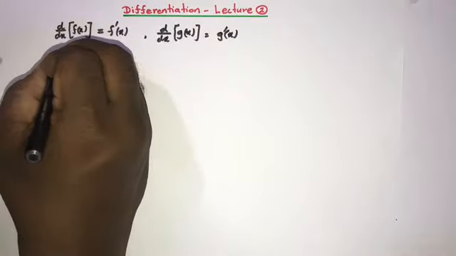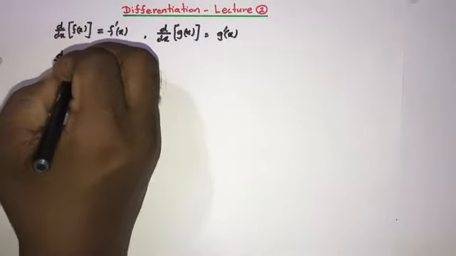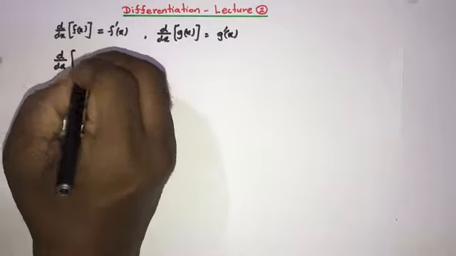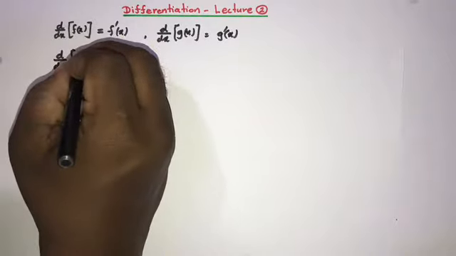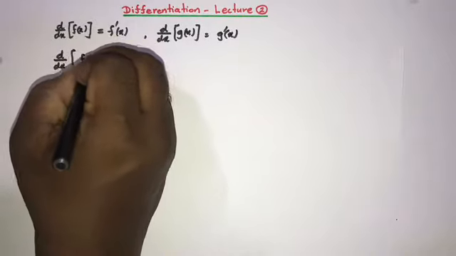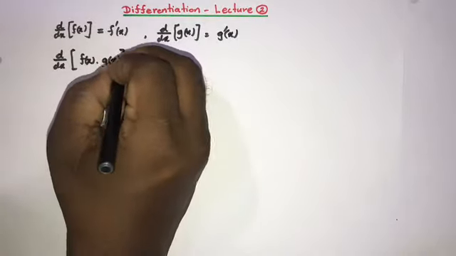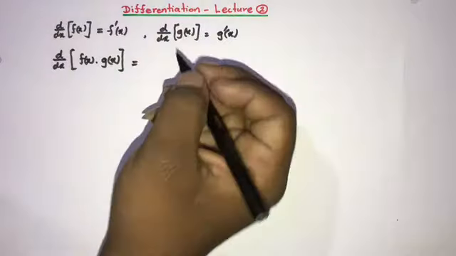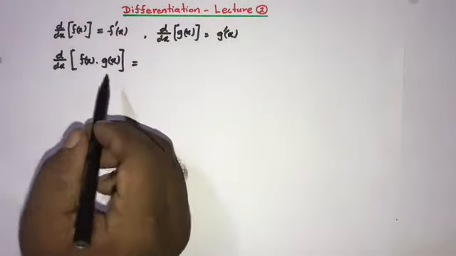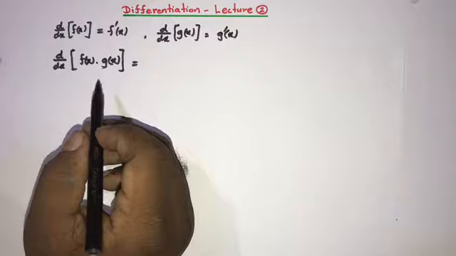So d by dx. Now if we have to differentiate the product of two functions, so f of x times g of x, this is the way to differentiate.